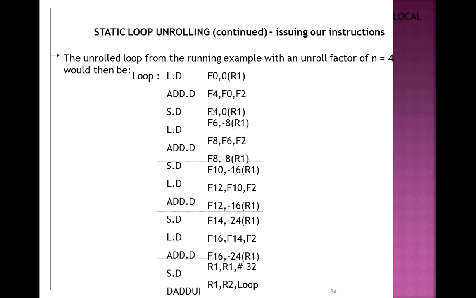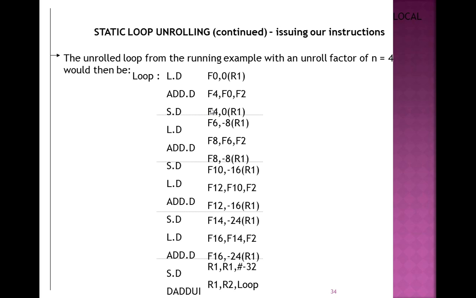This is issuing the instructions of the unrolled loop from the running program with an unroll factor of n equals 4. The loop will be LD, ADD, SD, LD, ADD, SD, LD, ADD.